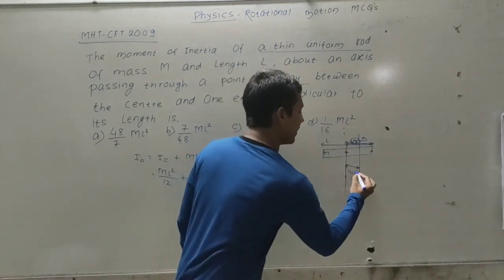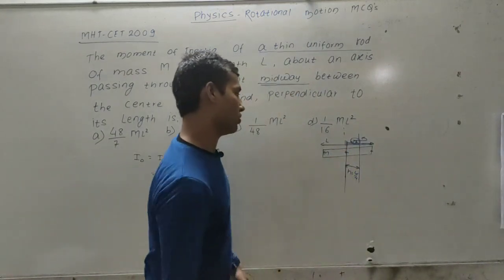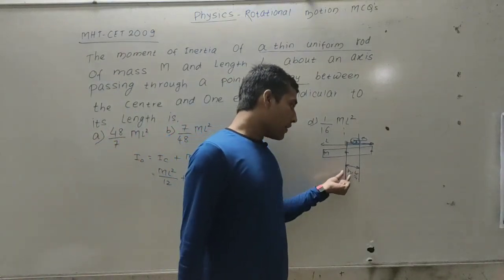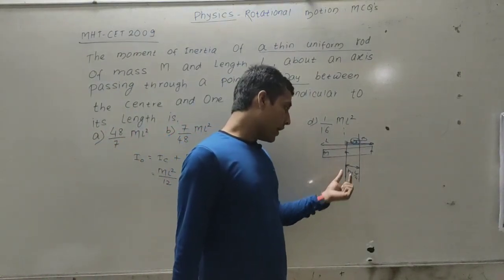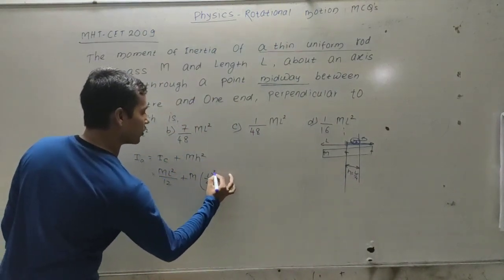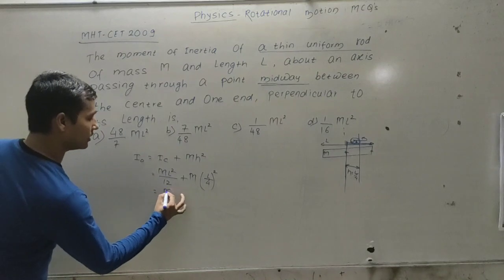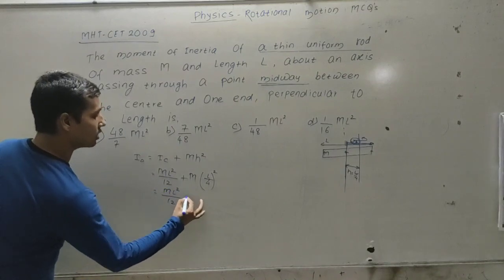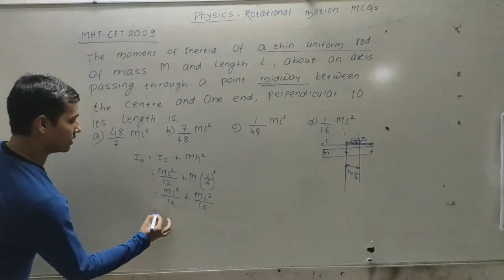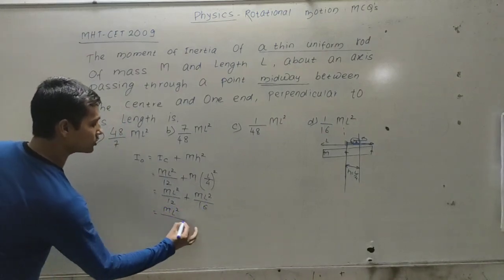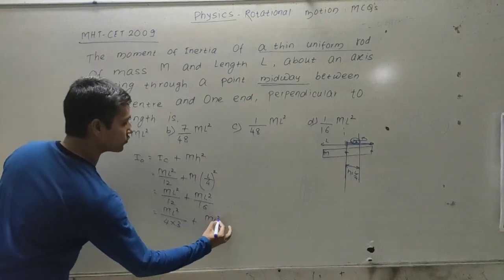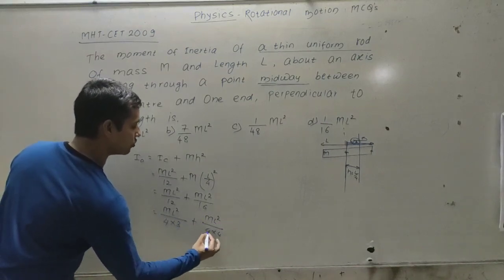Half of L by 2 will be L by 4. So the distance between these two parallel axes, h, is L by 4. I am putting this value here, L by 4, and we have to square it. So it will be m L square by 12 plus m L square by 16. I can write it as m L square by 4 into 3 plus m L square by 4 into 4.